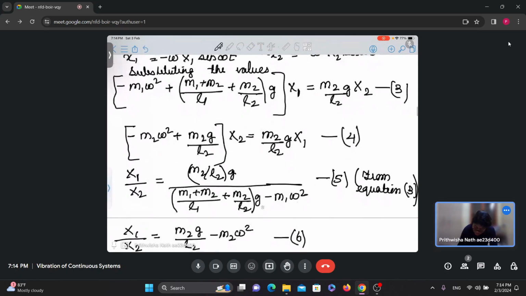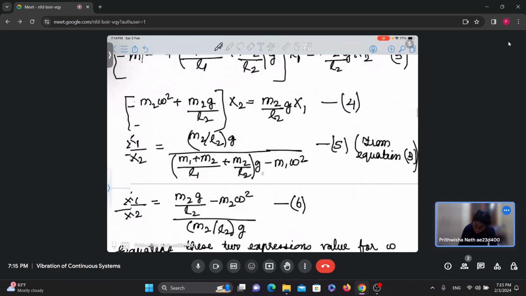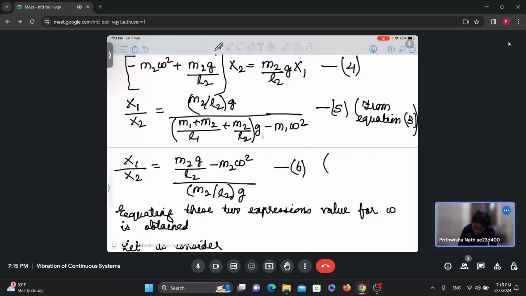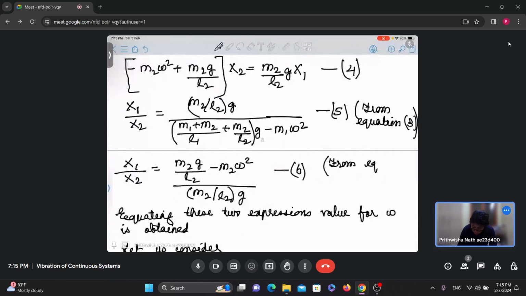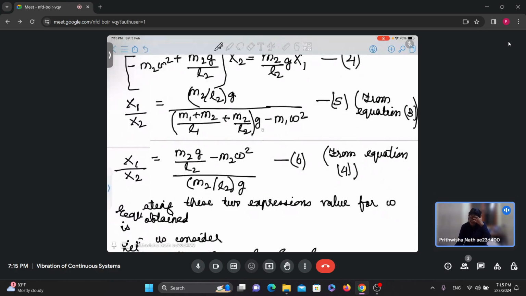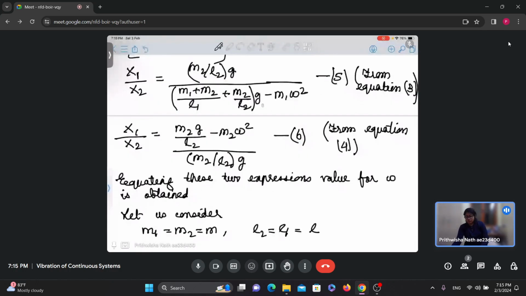And this is from equation 4. Now we simply solve these to obtain the value for omega.